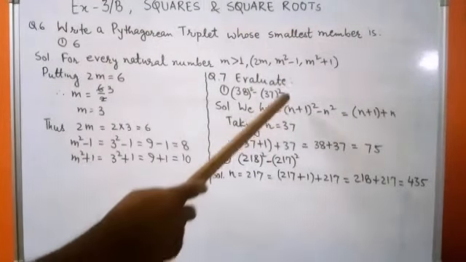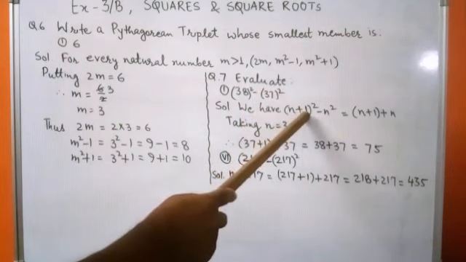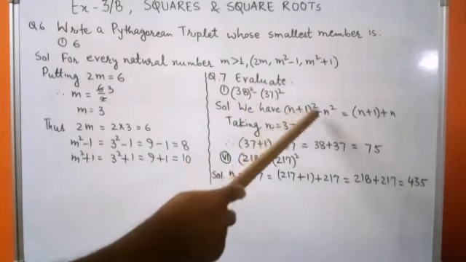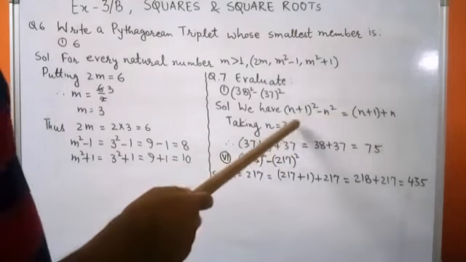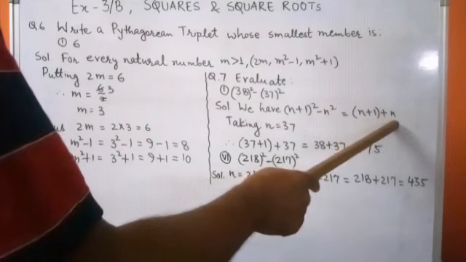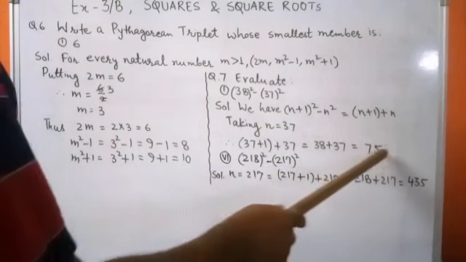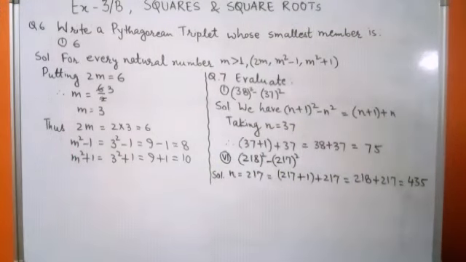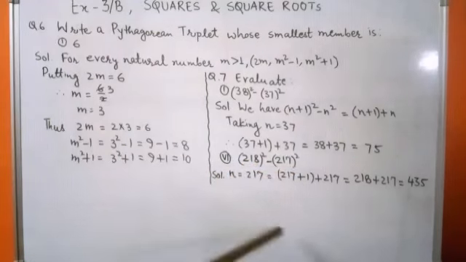That means here the smallest number is 37. 37 plus 1 is always 38, whose square is being subtracted by the smallest number square. After solving this, here we will get n plus 1 plus n. That means 37 plus 1 plus 37 is always equal to 75. As usual, 218 whole square minus 217 square will give 435.